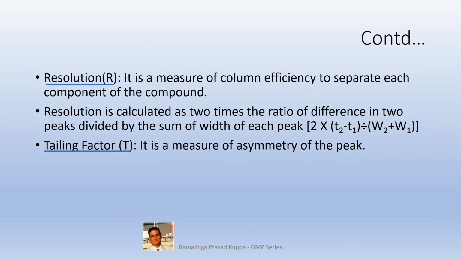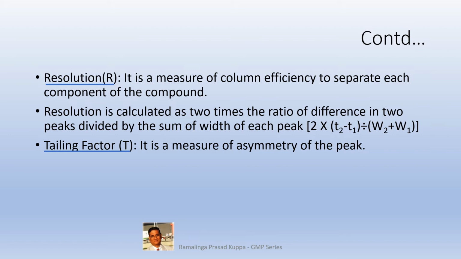Tail is calculated as tailing factor with the formula W 0.05 divided by 2f. Tailing factor is also called symmetry factor. In the formula, W 0.05 is the width of the peak at 0.05% of the peak height. F is the half width of the peak calculated from the perpendicular line drawn at the mean line.